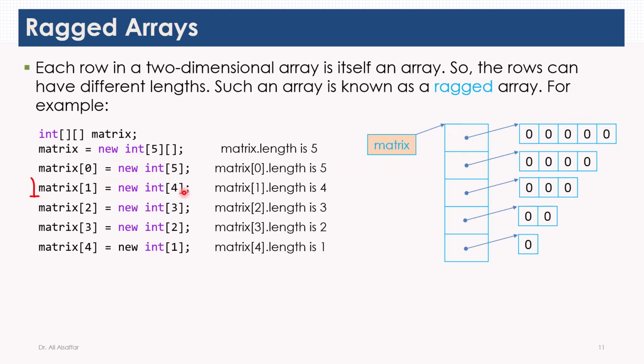Next, we create a one-dimensional array of size 4, and its reference is saved into matrix[1]. And so on until the last array of size 1, whose reference is saved into matrix[4]. So this is how to create rugged arrays such that every row is pointing to a one-dimensional array of different size.